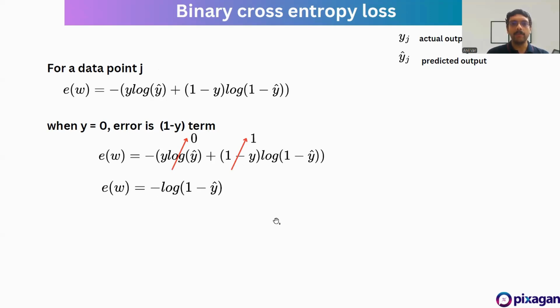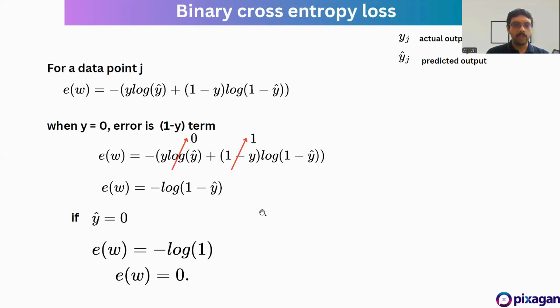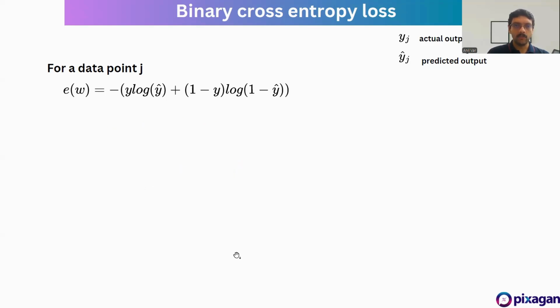If y hat is 0, meaning the prediction and the actual label are the same, you would be left with E of w equal to minus log 1, which is 0. So if the label is 0 and your prediction is 0, the error is 0. The loss for that data point is 0.